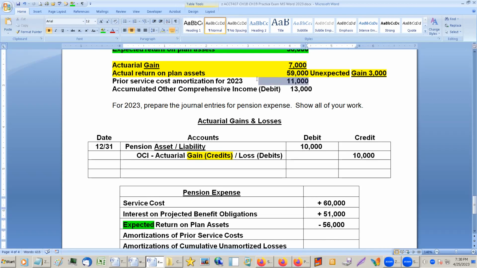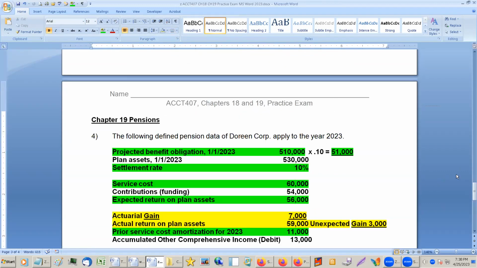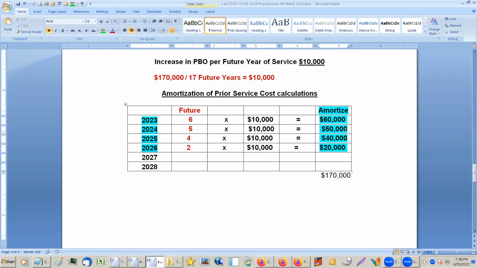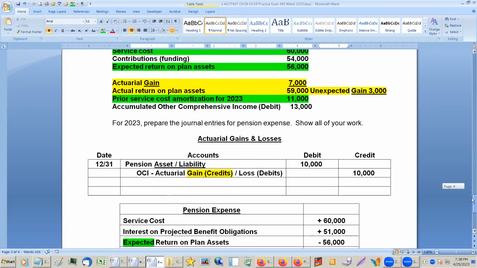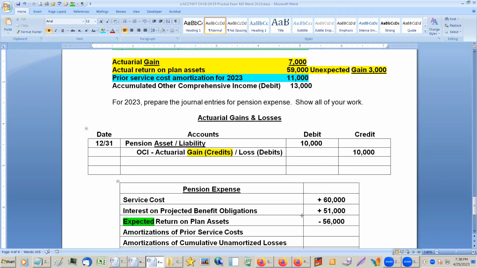Prior service cost amortization, so this is what we were talking about up above. That's what these are. In fact, I'm gonna turn it blue just to match it up with that up there.